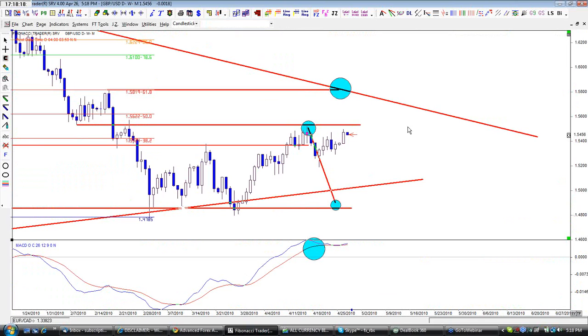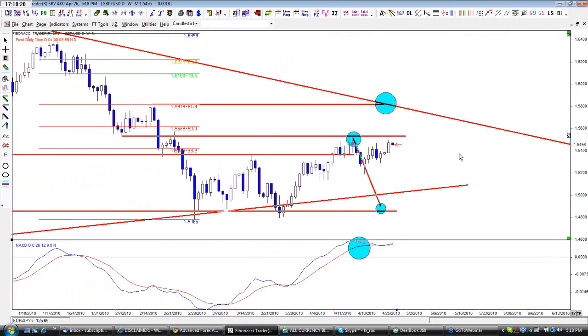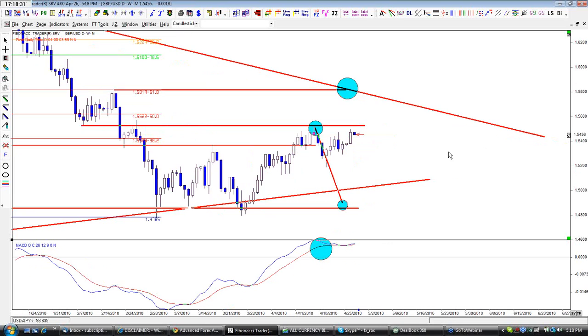Now, first thing is, I would look at the daily chart, and I'll see if price is somewhere near resistance or support. I will see that price is very close to this resistance. This is the pound-dollar daily chart. The pound-dollar has been trading in a very small daily range in the last couple of weeks.